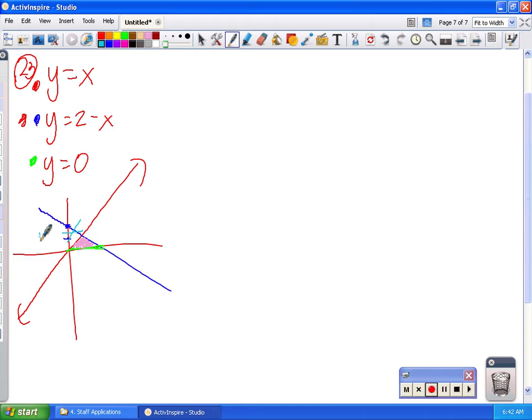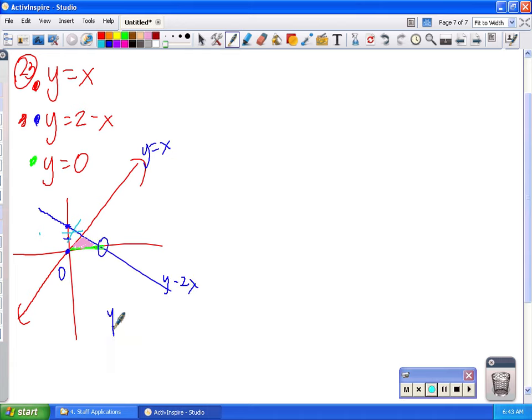So the first thing I can see from my graph is I need to figure out, I'm trying to click a color here, sorry. I need to figure out where the line y equal to x, which is right here, intersects the x-axis, which is obvious that this point of intersection here is 0. And then I need to figure out where the line y equals 2 minus x intersects, because those are my bounds.